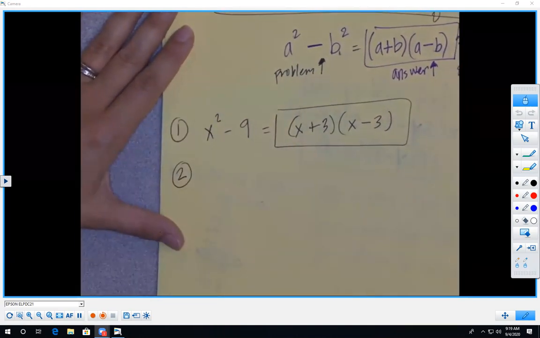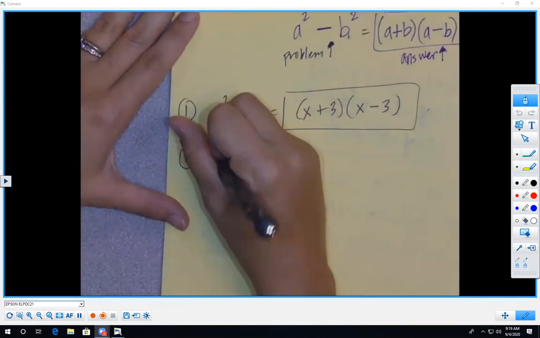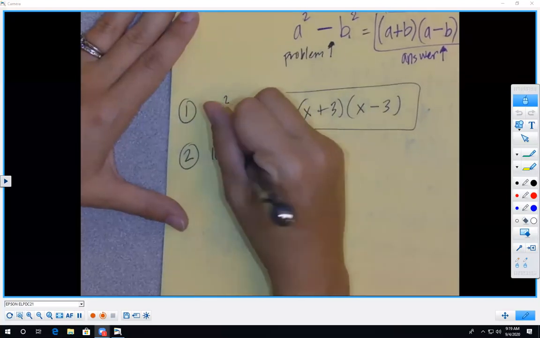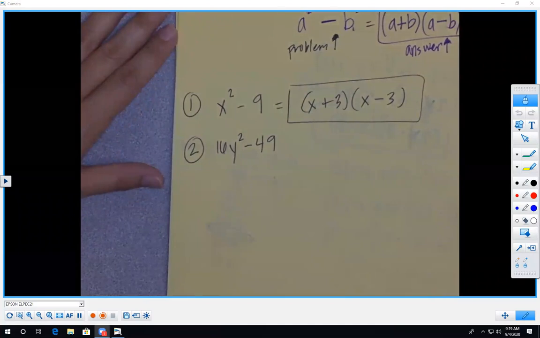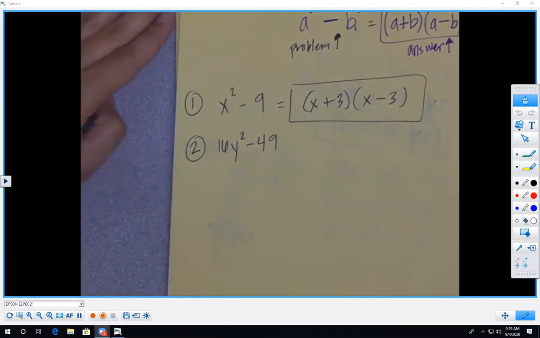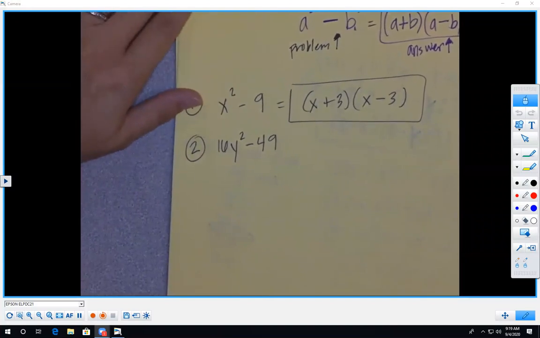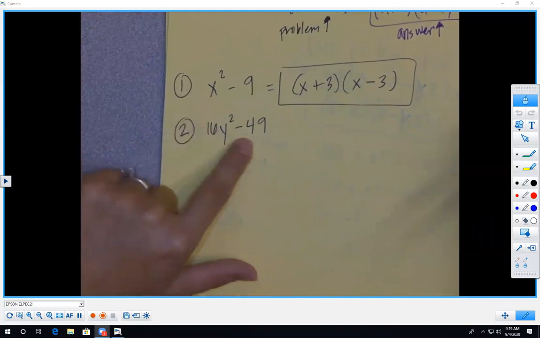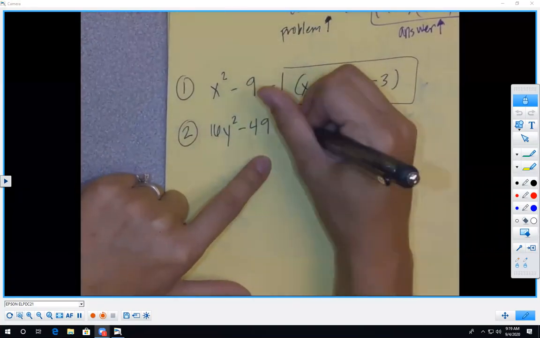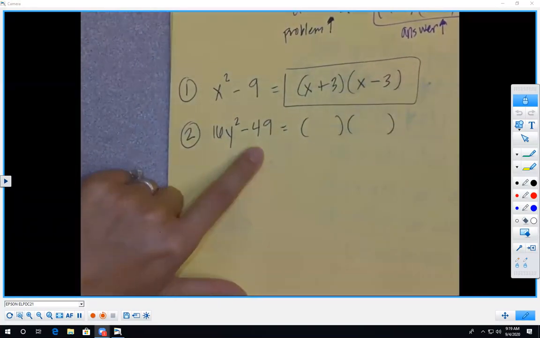Okay, let's do some more. If I had 16y squared minus 49. This is a difference of two squares problem because it has a minus sign in the middle and I can take the square root of everything. My answer is two sets of parentheses.